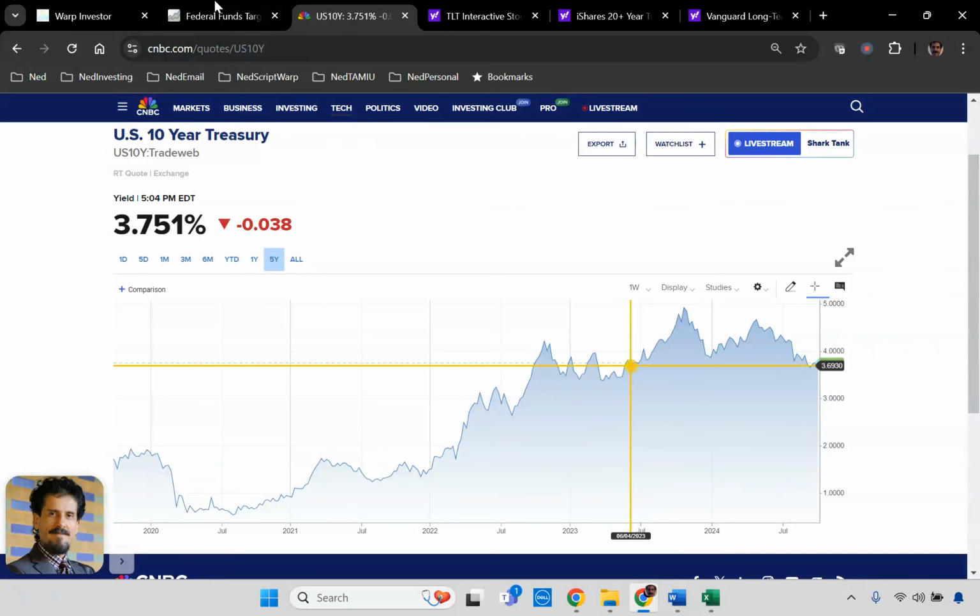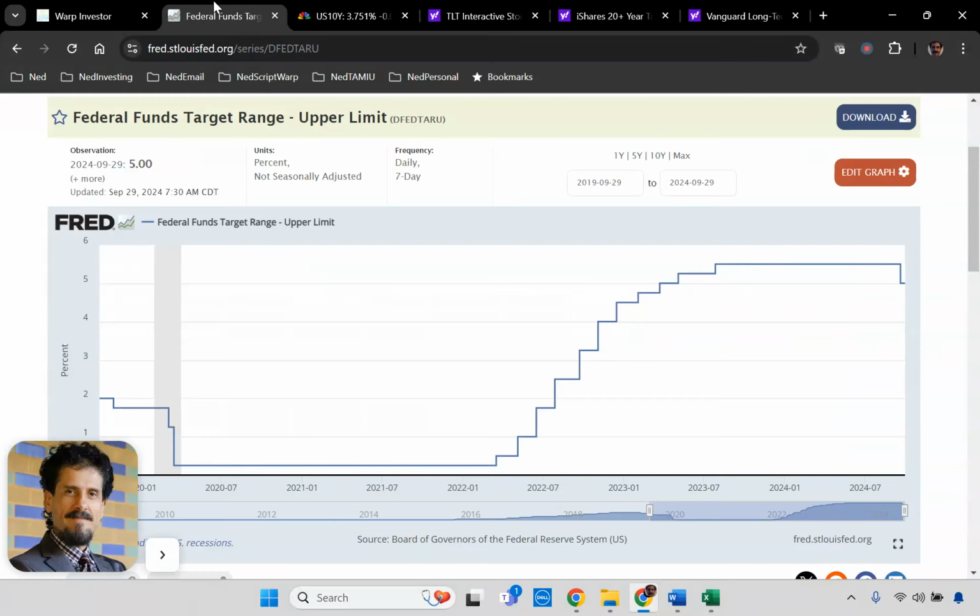So you get a little bit of a gift here in that you know that the 10-year treasury yield follows the Fed funds rate in a lagged way, so an increase or decrease in the Fed funds rate is likely to impact the 10-year treasury yield in the future.